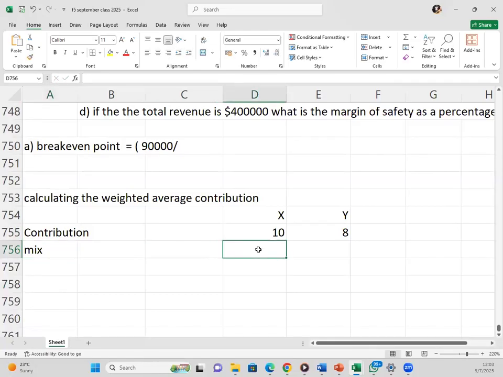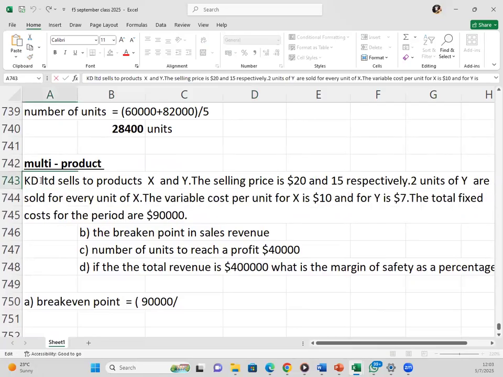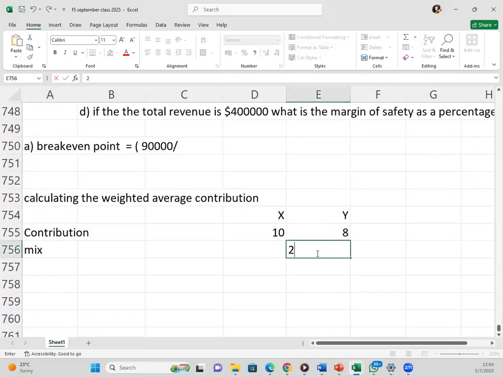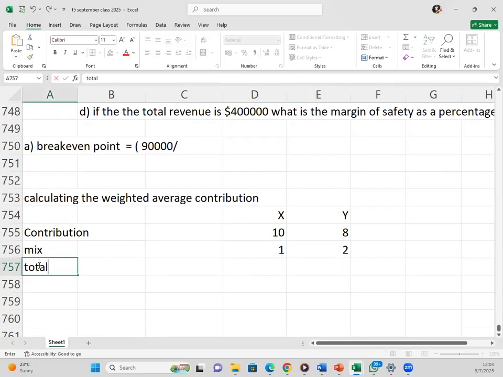The question specified that 2 units of Y are sold for every unit of X. So the sales mix ratio is 2 for 1: this side we sell 2, this side we sell 1. Then we get our total contribution.